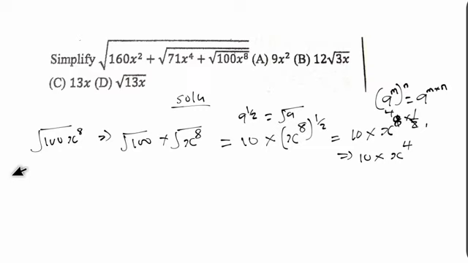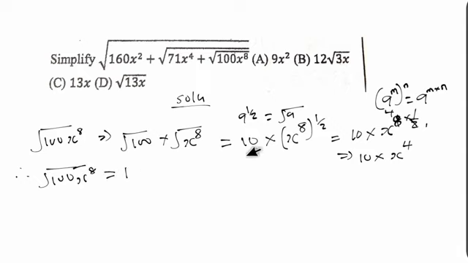So the square root of 100 x raised to the power of 8 is equal to 10x to the power of 4. That is the solution to this.